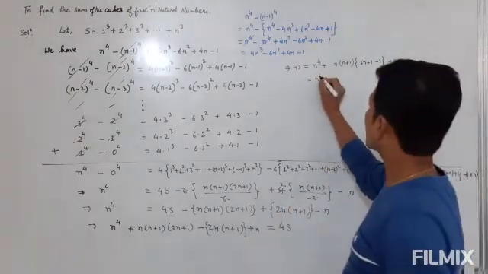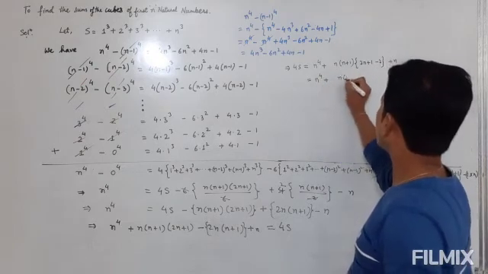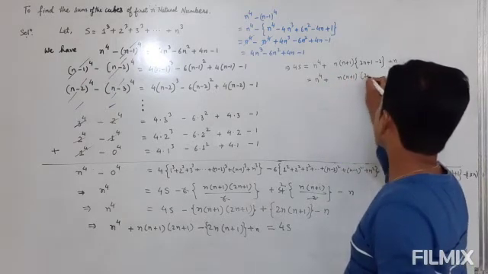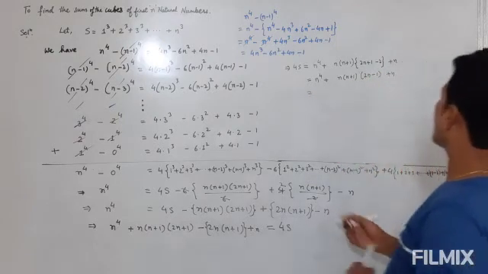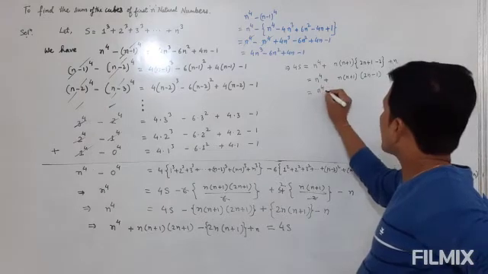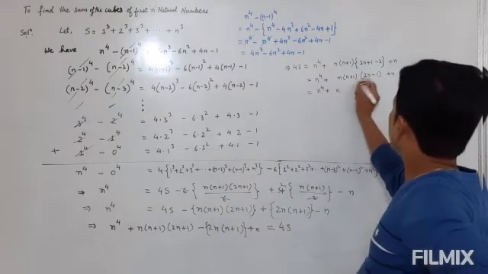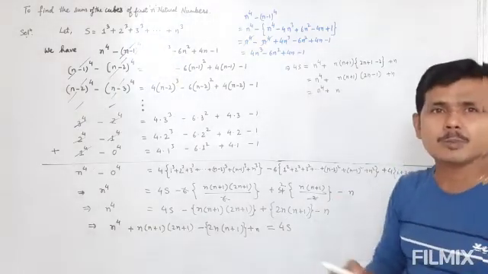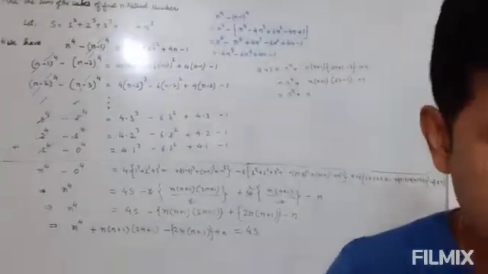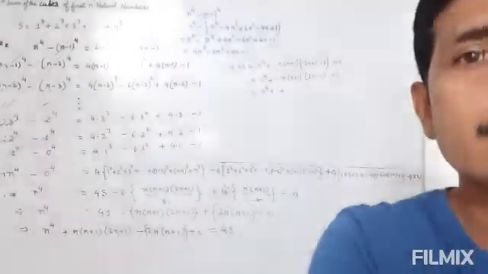Let's go for some calculation. We have n into n plus 1, and this is twice n minus 1, plus n. Let us do more work. This is n to the power 4. Let us multiply and write the answer over here. Just look at it carefully.